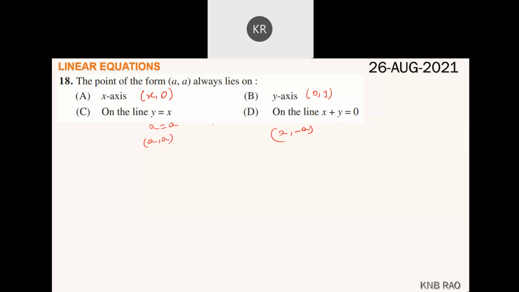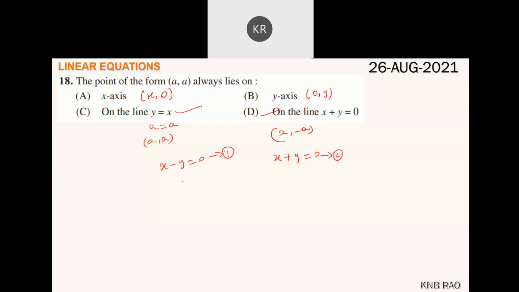Moreover, both these lines pass through the origin. As there is no constant term, you have x plus y equals 0. Similarly, it can be written as x minus y equals 0. Both these equations pass through the origin because they don't have a constant term.